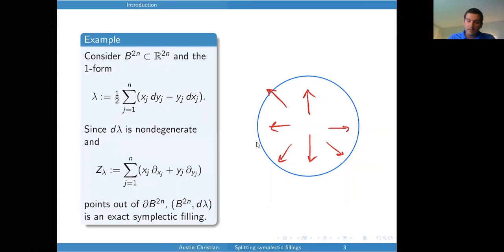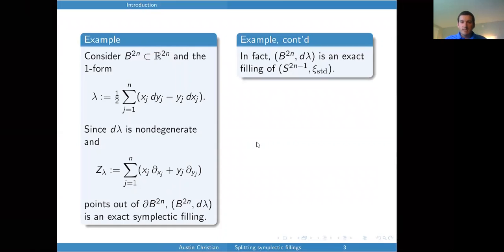The disk carries this symplectic form, and the one-form, when restricted to the boundary, gives us a contact form. So then, in fact, this will give us a contact structure on odd dimensional spheres, and it's the same contact structure as the standard one, however you've chosen to define the standard contact structure on the sphere. Okay, so there's an example, just a silly, easy example to have in mind.